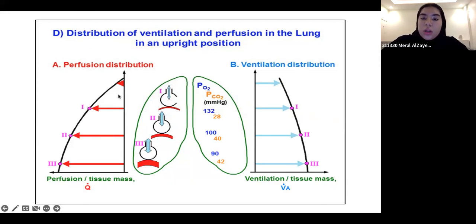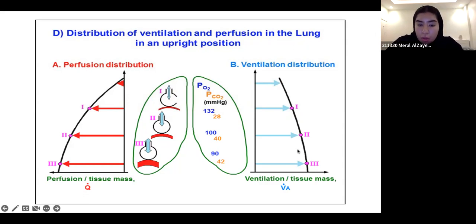Now we will move on to the right side, which is ventilation, represented by V. Ventilation is also higher at the base of the lung compared to the apex. If you recall, this is because the upper part of the lung, or the apex, has less compliance, which means the lung expands less at the top compared to the bottom.